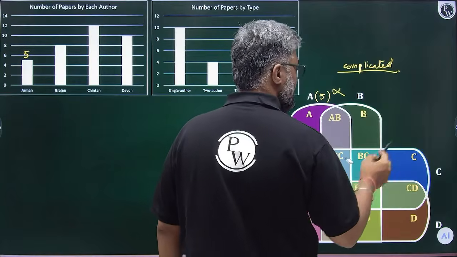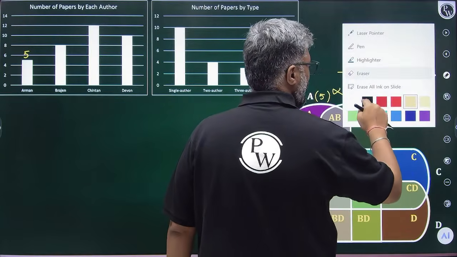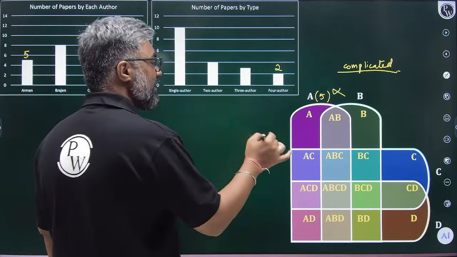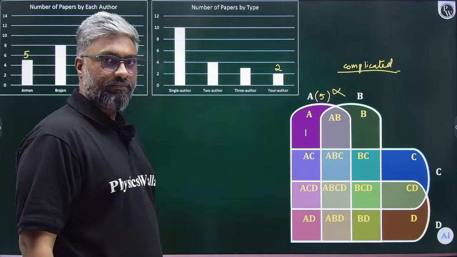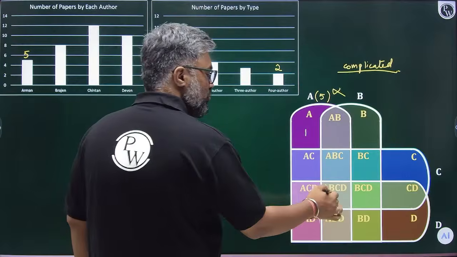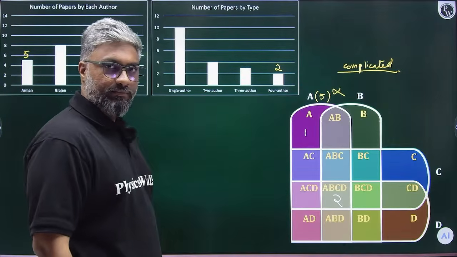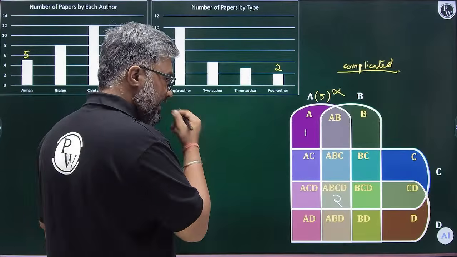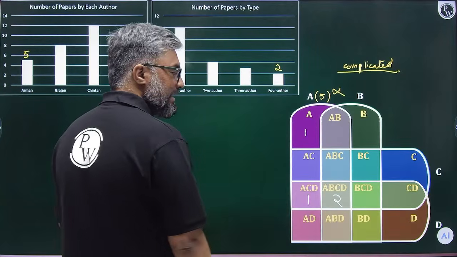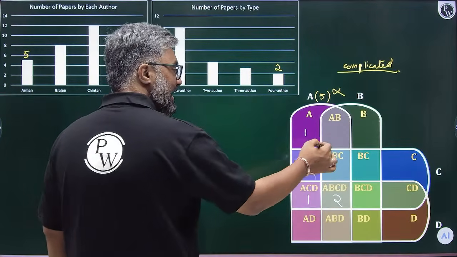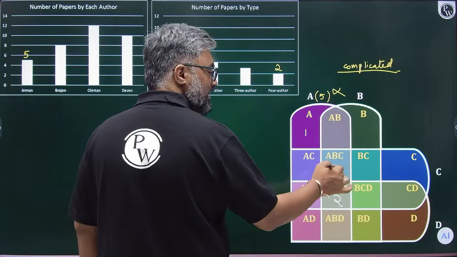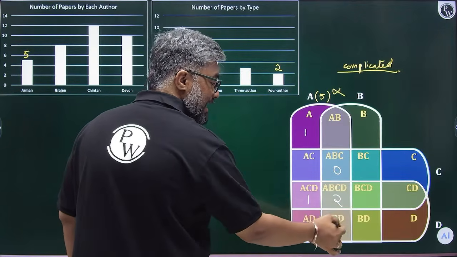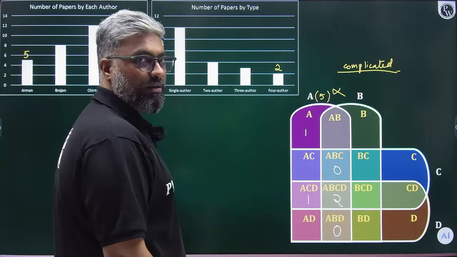If I were to fill this up according to our table, A has exactly 1 contribution in 1 paper. 2 contributions in 4 papers. 1 contribution along with C and D in 3 papers. A, B, C can happen? No, this is 0. A cannot contribute along with B and C. A, B, D can happen? No, A cannot contribute along with B and D.